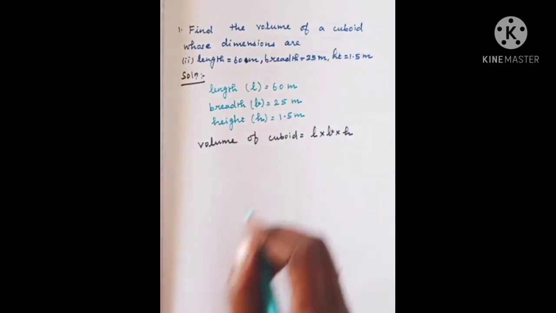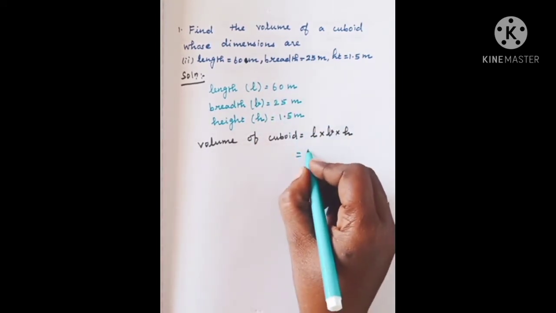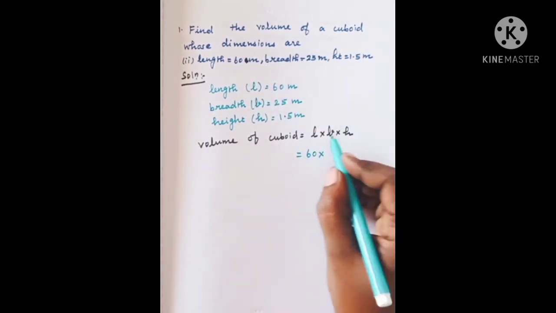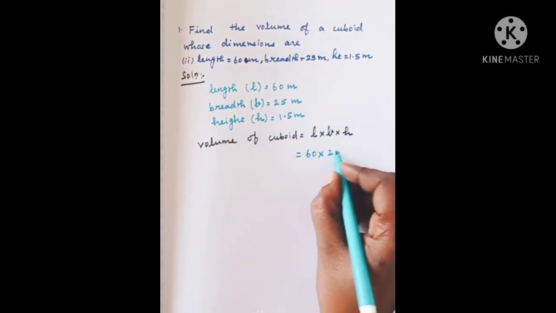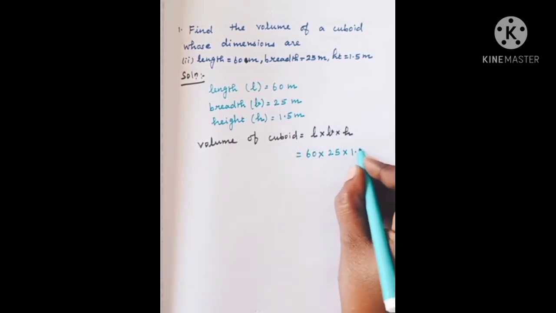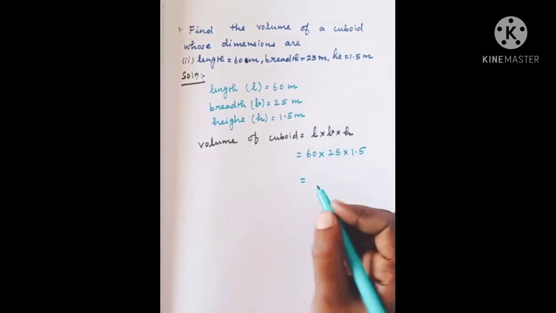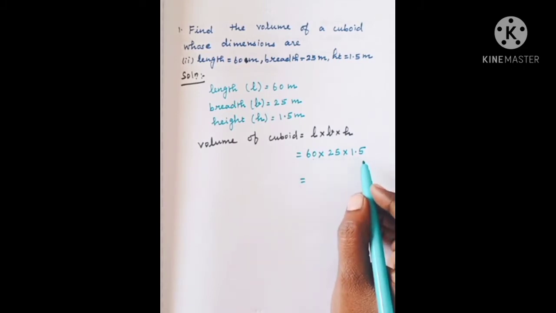Now we have to substitute the values. Length L is nothing but 60 into the breadth B is 25 into the height H is 1.5. Now we have to multiply these three numbers, isn't it?